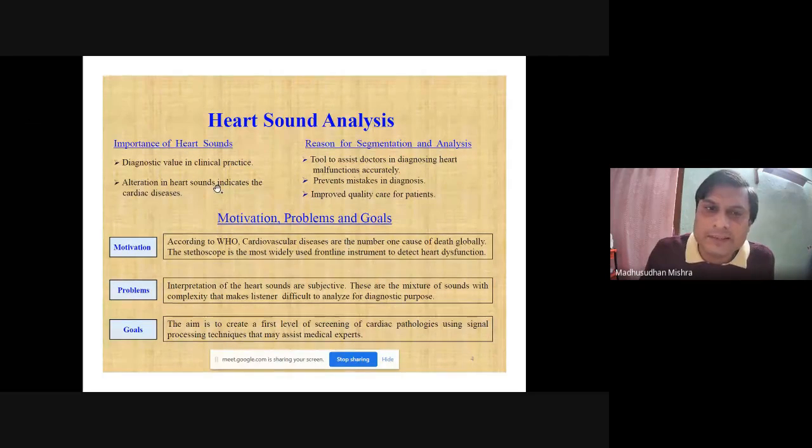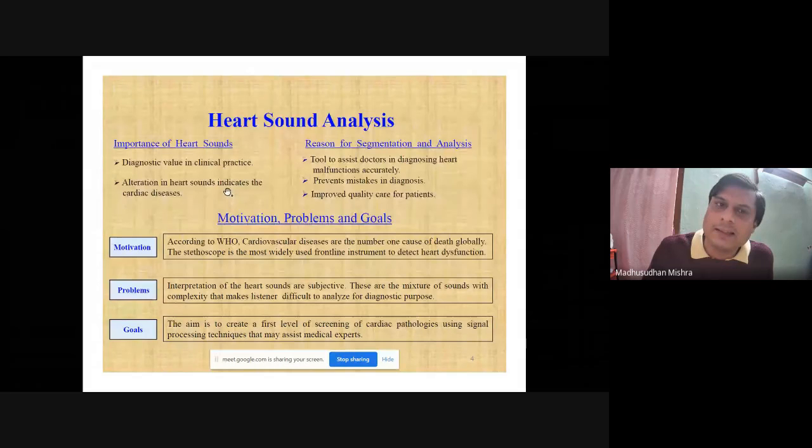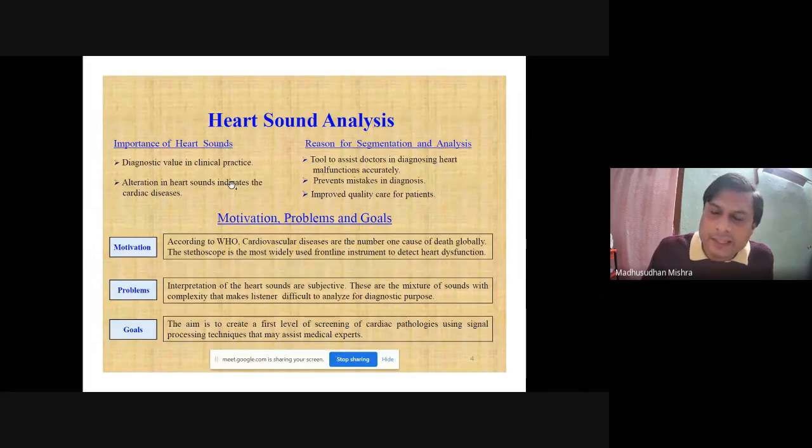So the importance of heart sounds lies in the fact that they contain important information regarding the condition of the patient's heart, and any alteration in the normal heart sounds indicates cardiac abnormalities.